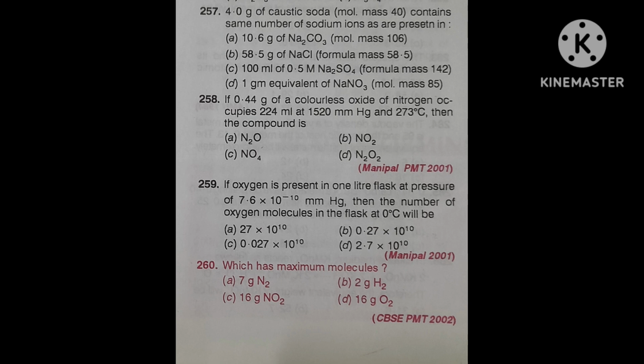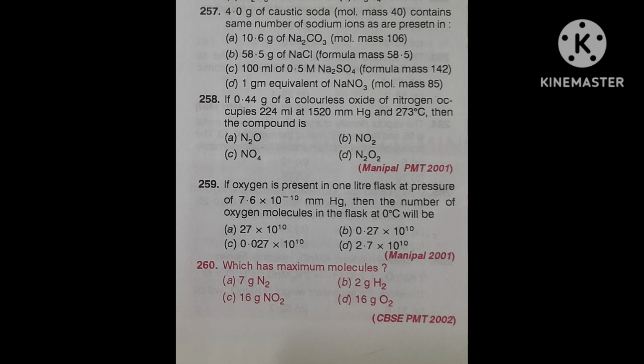Now I am giving you a hint: here you have to apply PV equals nRT and find out n, because P is given, V is given, T is also given. R value is fixed, so n you can calculate, which gives the number of moles.